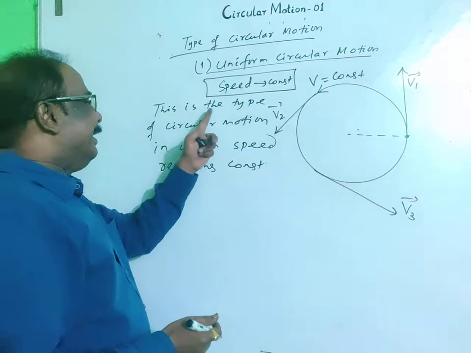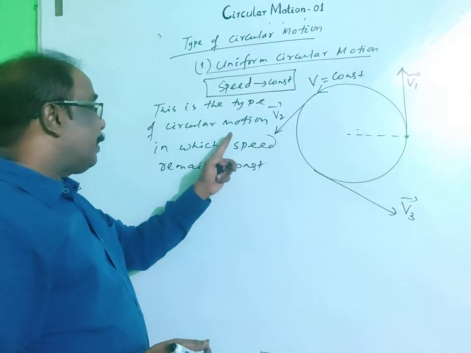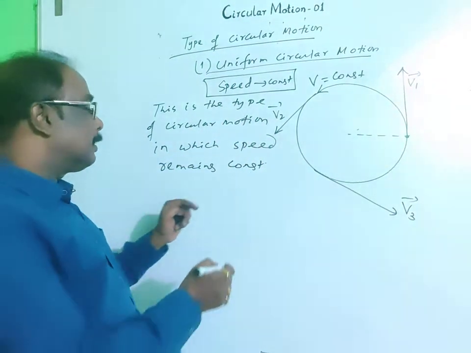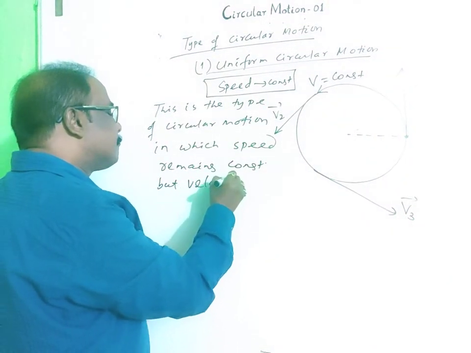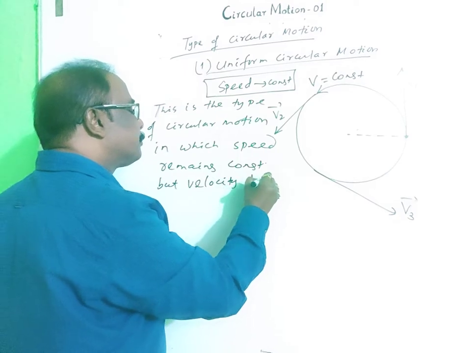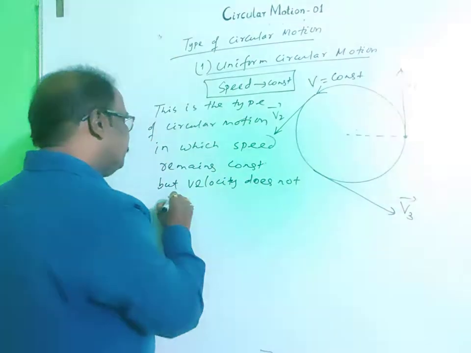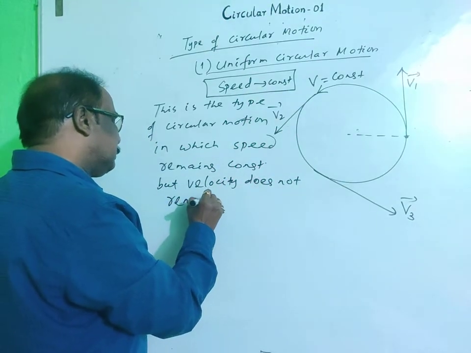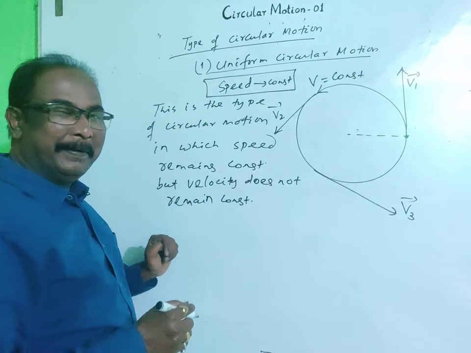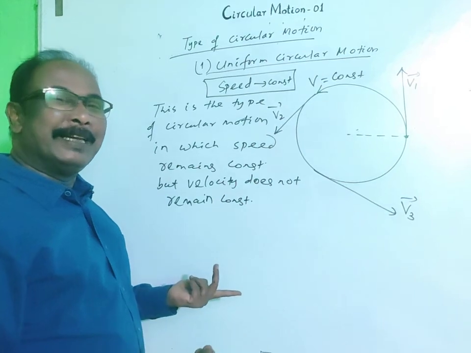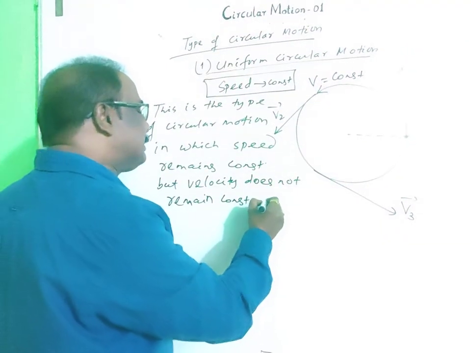See, in this type of circular motion, speed remains constant, but velocity doesn't remain constant. Magnitude of velocity remains same.